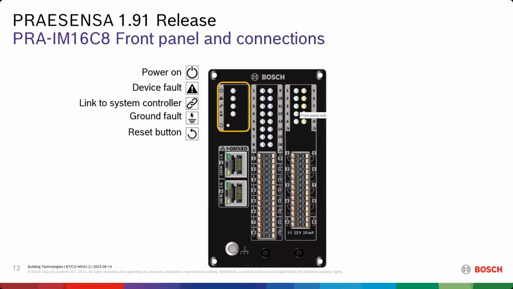This reset button is similar to what you may be used to for resetting other PRAESENSA devices. There are then the network ports, the PoE in power, as explained by Maarten already.